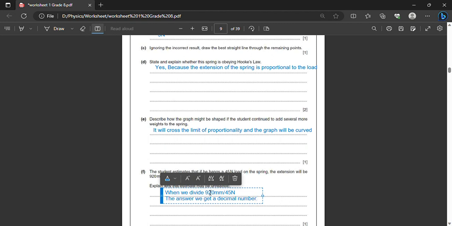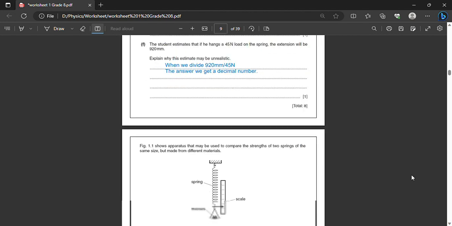So in this case, it's unrealistic, because if it's realistic, when you divide it, it should be a whole number, or a natural number, or an integer. So if it comes in decimal point, it means that the spring has crossed the limit of proportionality. So let's go to the next question.